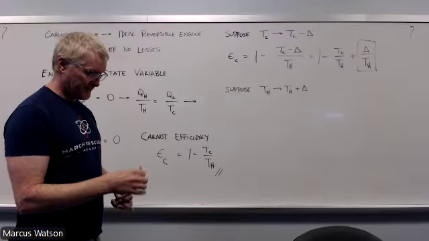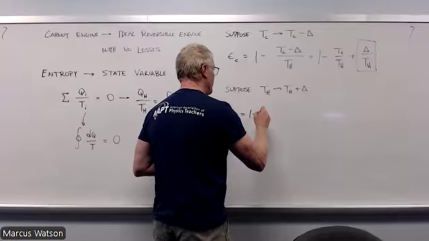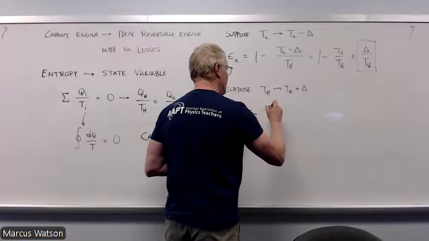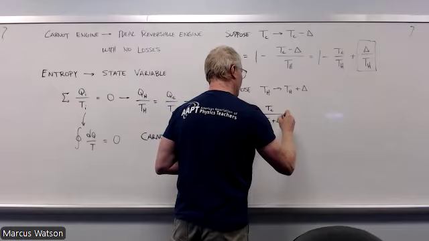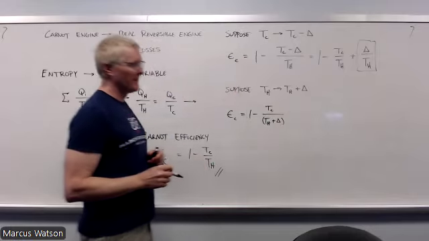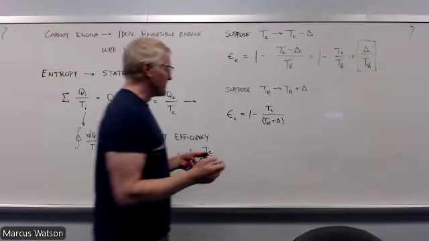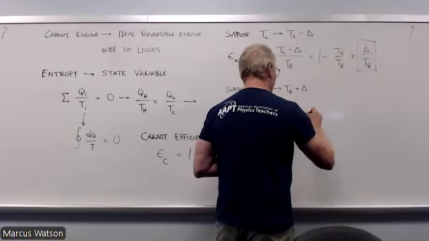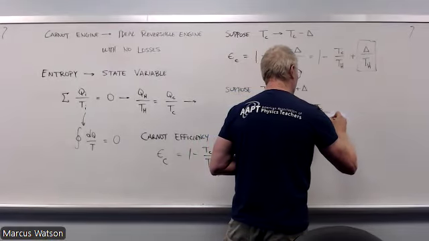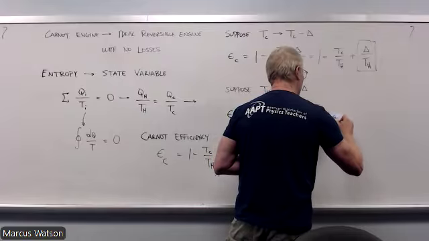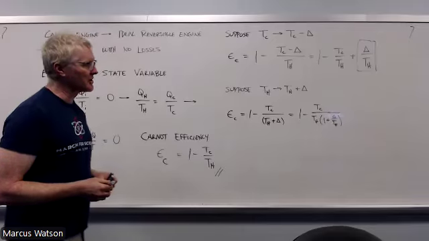If I do that, now the Carnot efficiency becomes 1 minus TC over TH plus delta, like so. Now I'm assuming delta is a fairly small number. So what I'm going to do is factor it out and cause the lower expression to look like that.